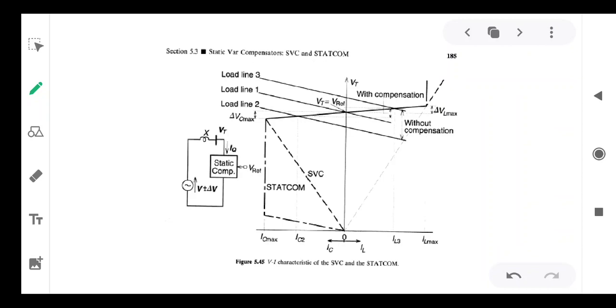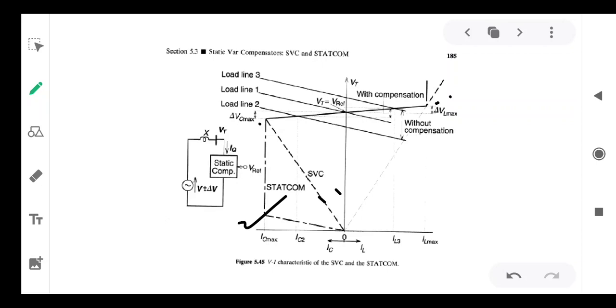Now the VI characteristics of the SVG. Very first one is SVC. Second one is STATCOM. SVC and STATCOM are both different during fault conditions. Here, this is the normal slope from here to here. V minimum to V maximum is the allowable band of voltage regulation in which the SVG can be operated in the voltage slope.